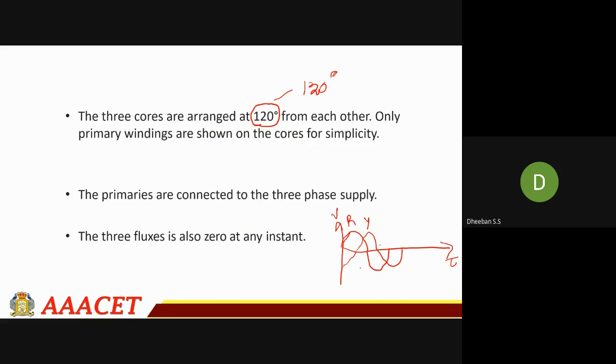R phase, Y phase, and then your B phase, right? So your B phase will be taking around here.